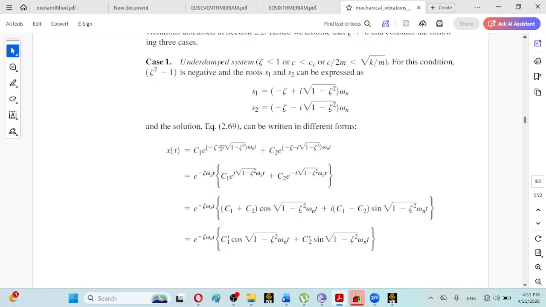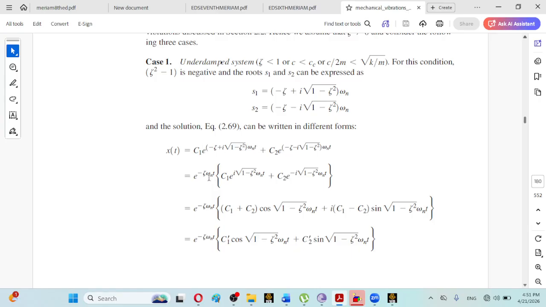we can observe that the exponents are added up here, so we can write it like this: e power minus damping factor dot e power iota square root of 1 minus damping factor square into omega n.